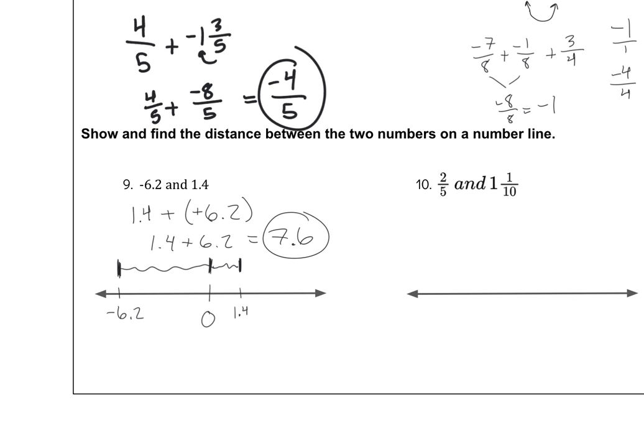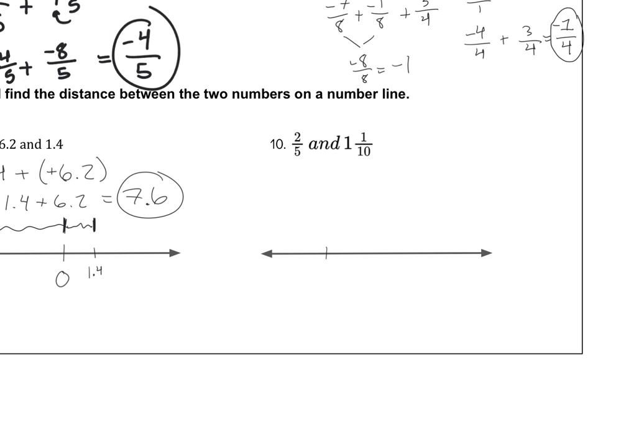Remember, distance is always positive, so we should be looking for a positive answer. Okay, for number 10, on the number line, here's 0. 2/5 is before 1, kind of right here. 1 1/10 is right after 1. And we're trying to find this distance here. So really, I could try and find my distance from 0 to 1 1/10, and then I could take away this portion of it and only look from here to here.